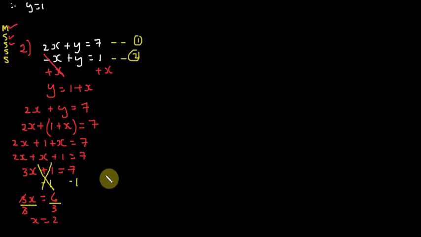What do we do next? Substitute x equal to 2 into the equations. We can choose equation 1, we can choose equation 2. We also have an equation here, y equal to 1 plus x, and we can substitute x equal to 2 into that in order to find the value of y. Boom, bang. So, this is what we will do now.